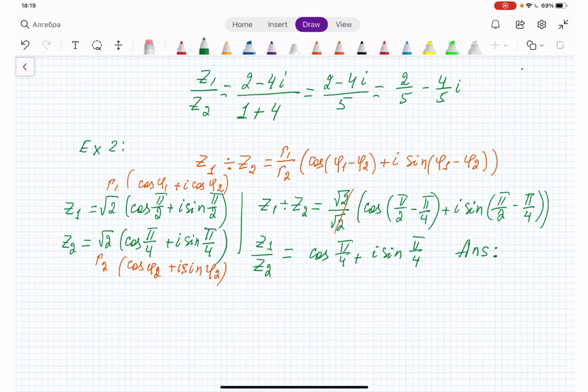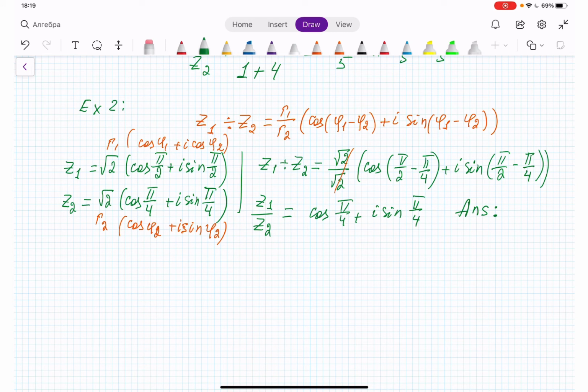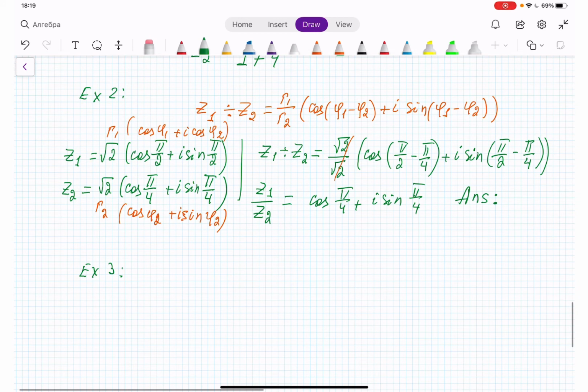Okay, now let's find the quotient of complex numbers in the exponent form. All right, example 3. So for exponent form, the quotient of complex numbers is performed by the formula or template.